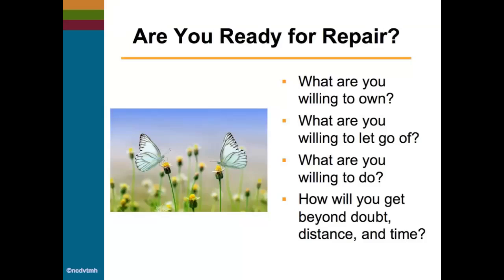And so that ebb and flow of willingness is really important because it impacts whether or not we can have healing conversations in our organizations. So what are you willing to do right now? And then can you recognize that repair takes time?